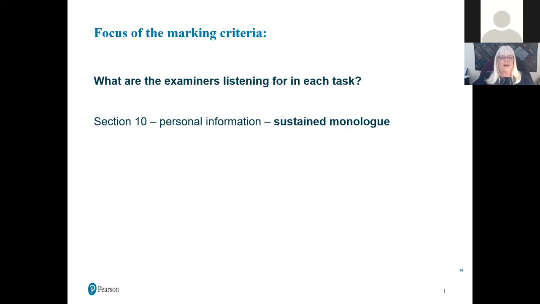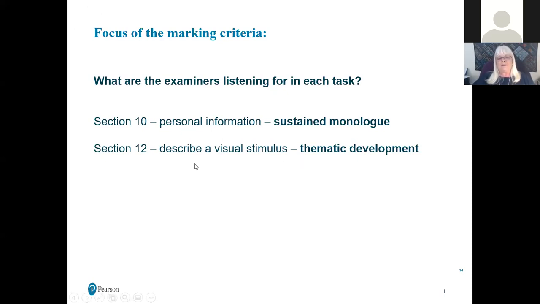Okay, so moving back to our section 12, which is describe a visual stimulus, describe a picture. In some of the documents it says visual stimulus because sometimes it's a picture and sometimes it's a photograph. And the focus for the marking criteria is thematic development. The difference between those we'll go into in more detail when I get to section 12 a little further on.